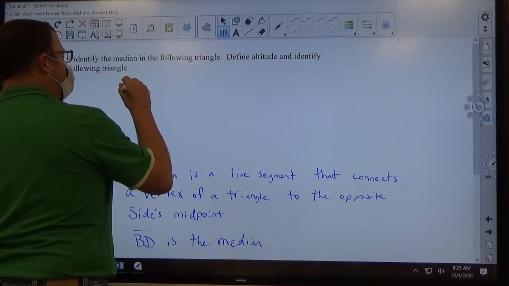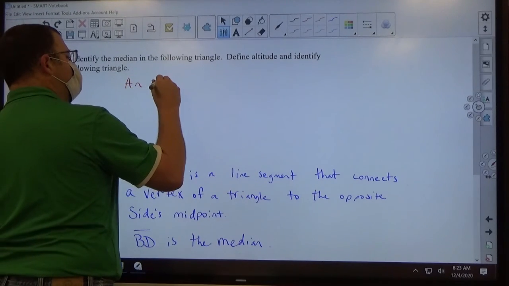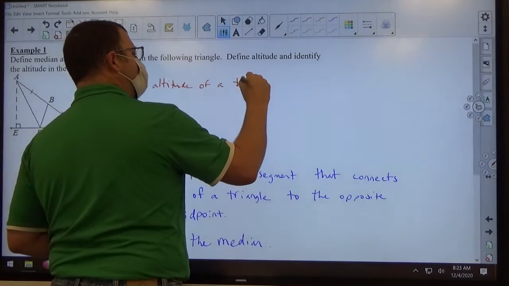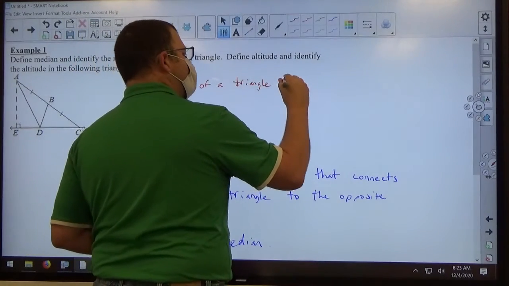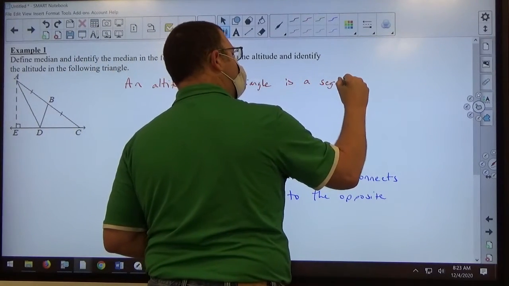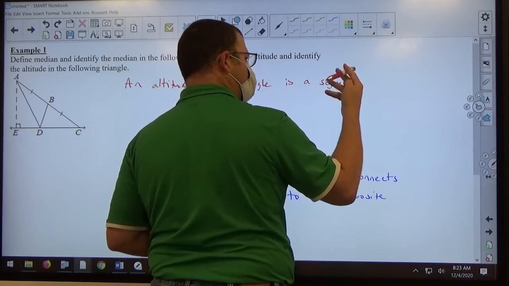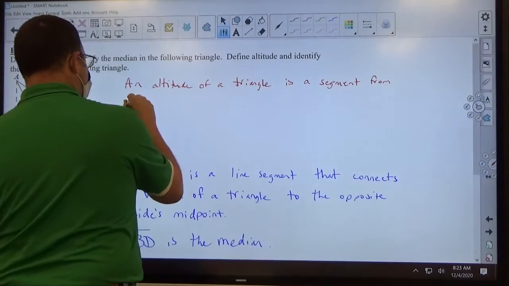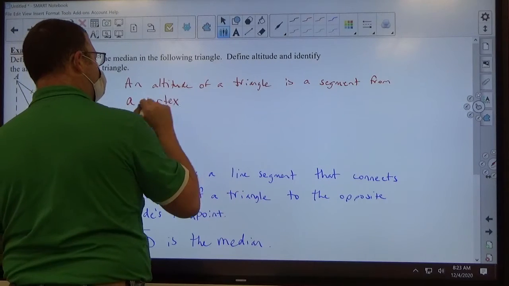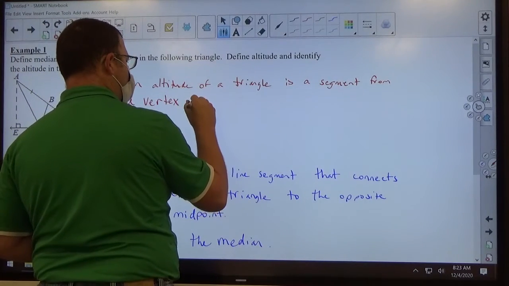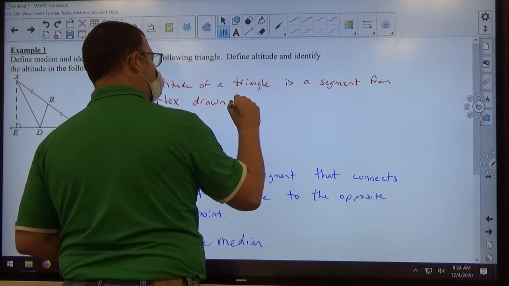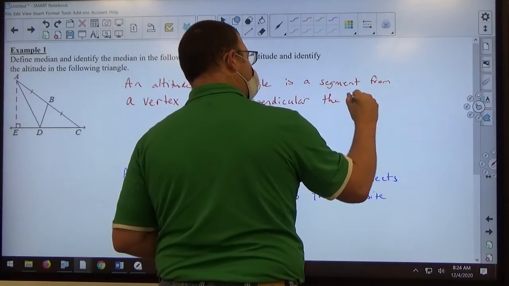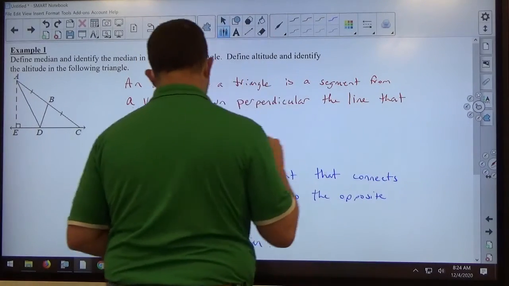Okay, the altitude definition says this: an altitude of a triangle is a segment from a vertex drawn perpendicular to the line that contains the opposite side.